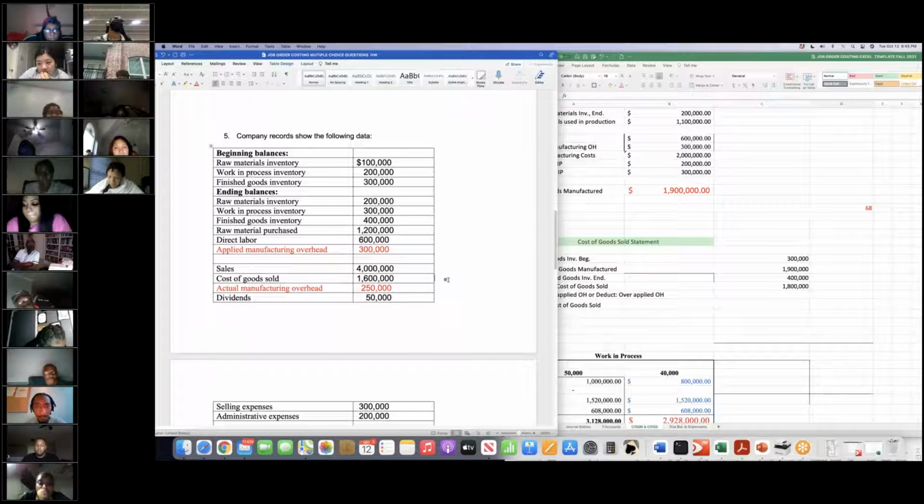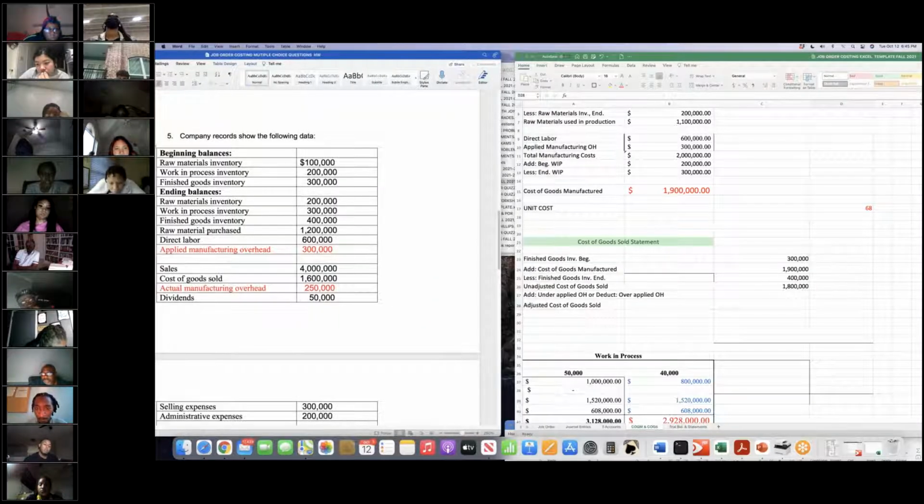So what does that mean? $1,650. It's a $50,000 difference. So you subtract the $50,000 from the unadjusted cost of goods sold. That's correct.